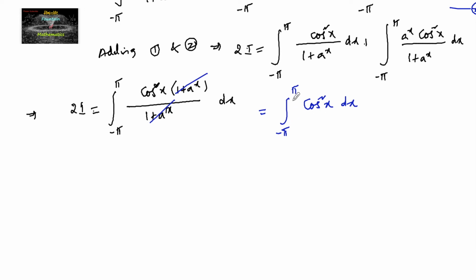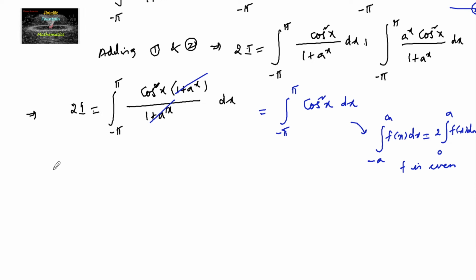And from minus pi to plus pi, cos square x is an even function. So from minus a to plus a, f of x dx is equal to 2 times the integral from 0 to a of f of x dx if f is an even function. So cos square x is an even function because cos of minus x also gives the same cos square x.